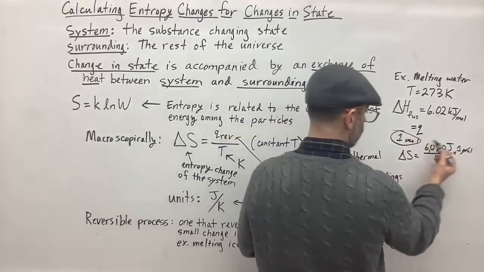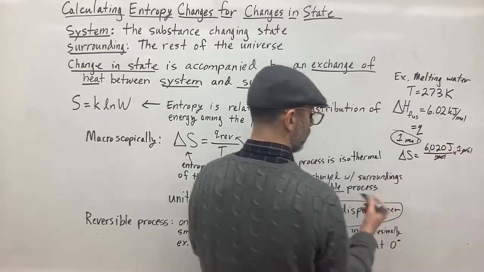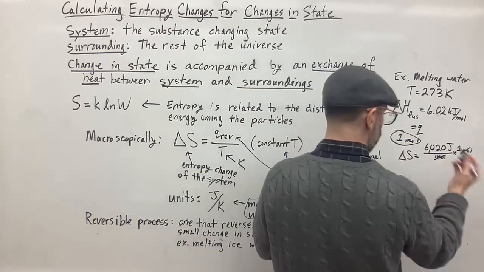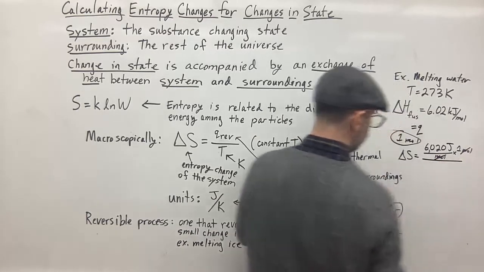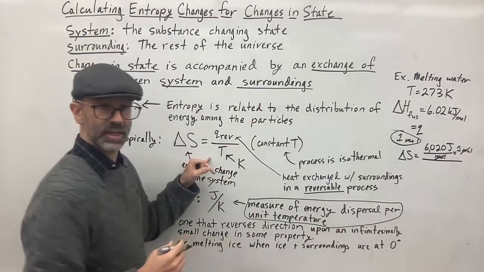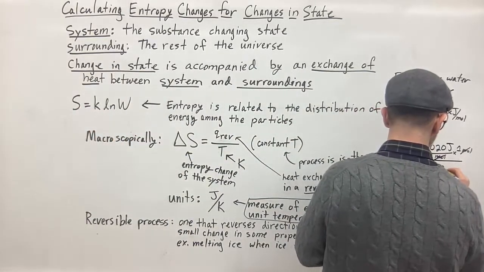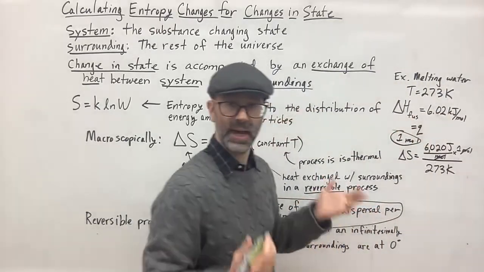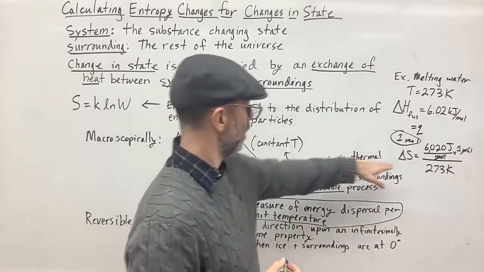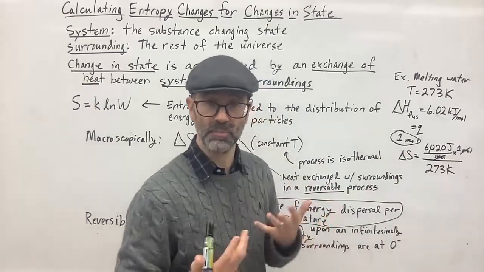So that's going to give us the total amount of joules that we need to absorb for this amount of ice. And then we have the temperature, which is 273 Kelvin. And so then we can calculate the delta S, or the change in entropy for this process of melting.